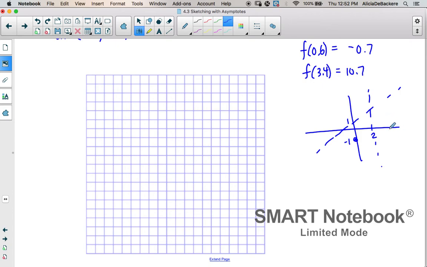I have some important points at 3.4 and 0.6. So I know I need to see a lot of stuff going on over here. So I'm going to move my axis a little bit to the left.